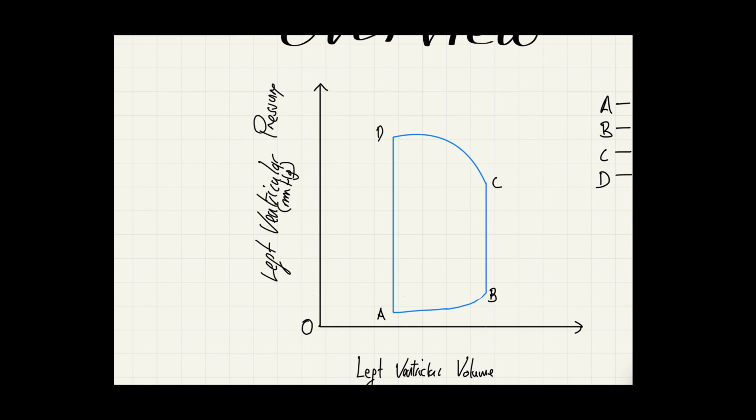Equally, we assume an approximation of how much blood is in the ventricle at the start and end of the cycle as well. If you recall those numbers, then you can quite easily label this up.